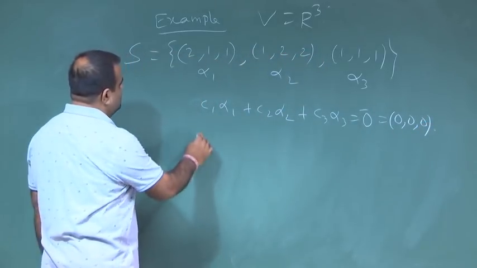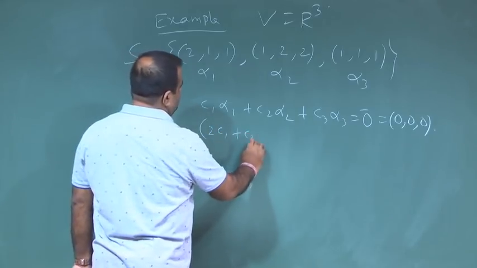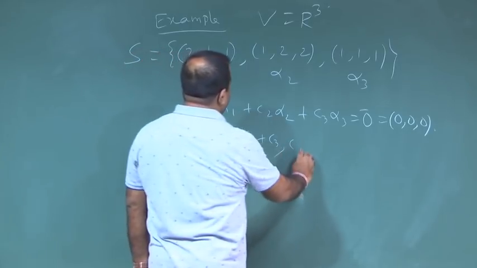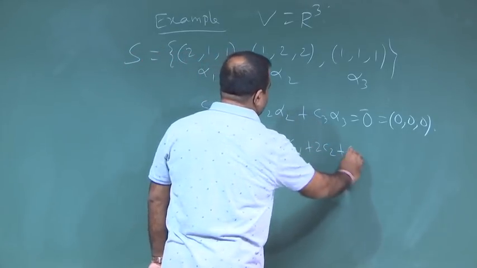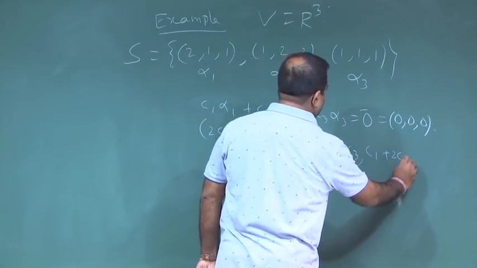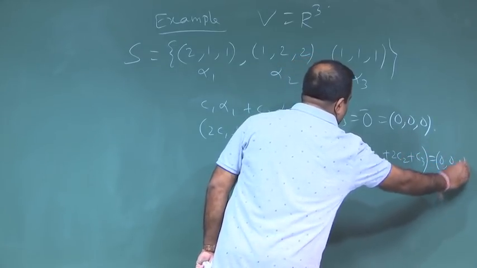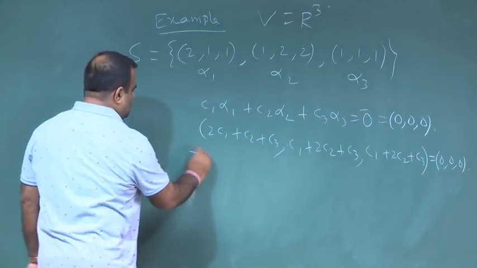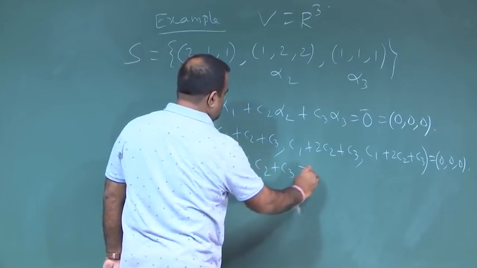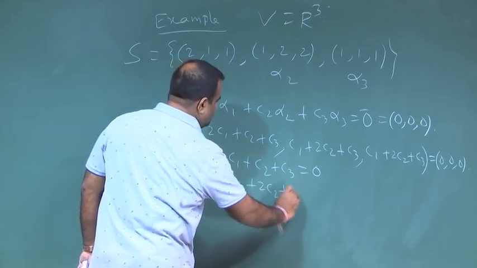So, this will give us basically 2 C1 plus C2 plus C3 comma C1 plus 2 C2 plus C3 comma then again C1 plus 2 C2 plus C3 equals 0 0 0. Then this implies we have 3 equations in which 2 equations are the same, C1 plus 2 C2 plus C3.